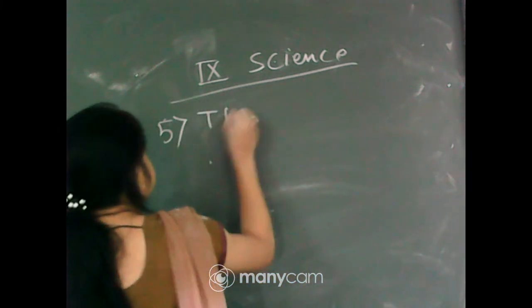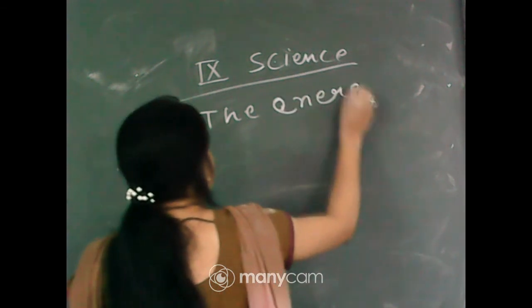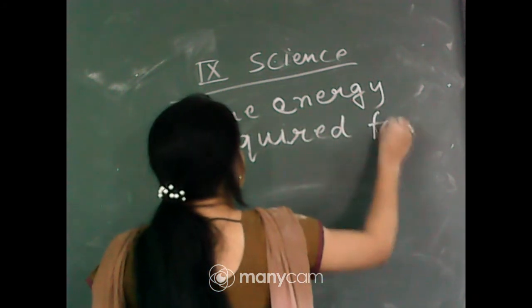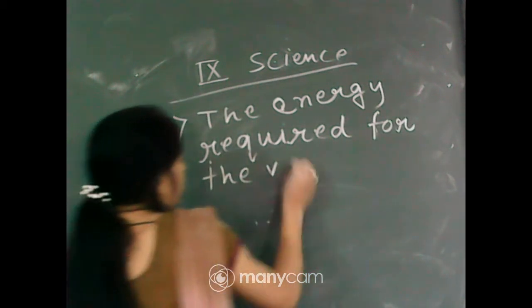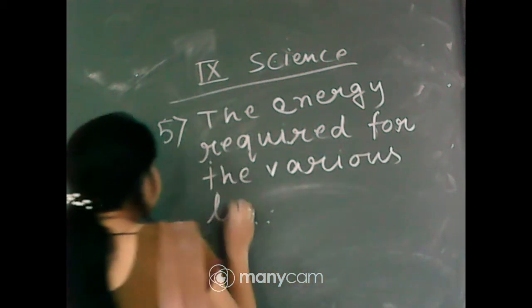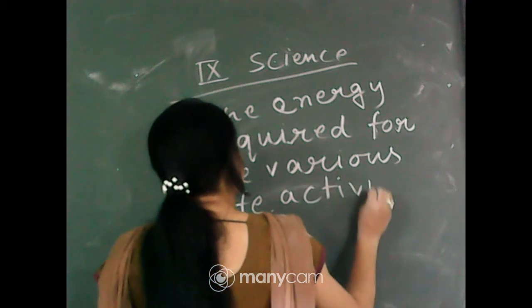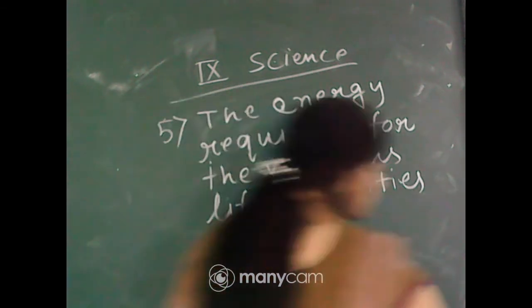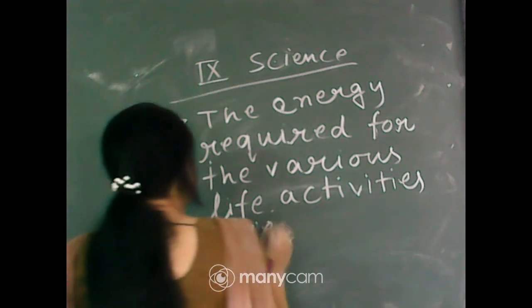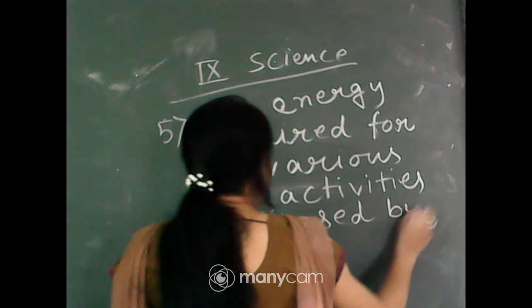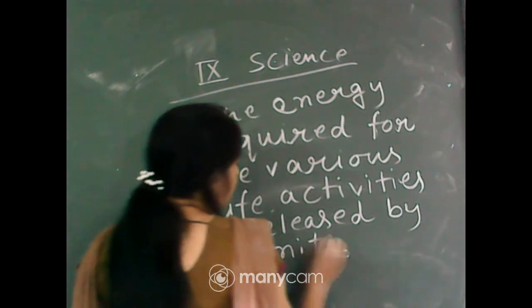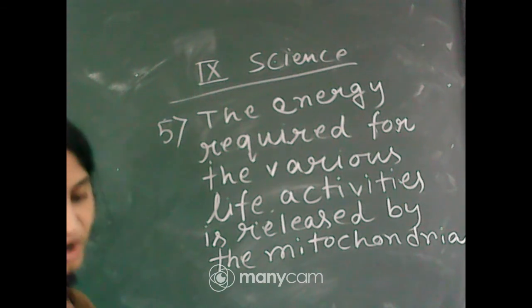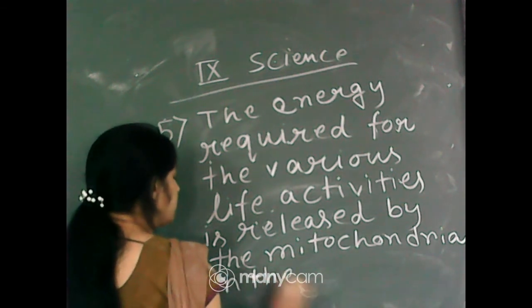The energy required for the various life activities is released by the mitochondria in the form of ATP.